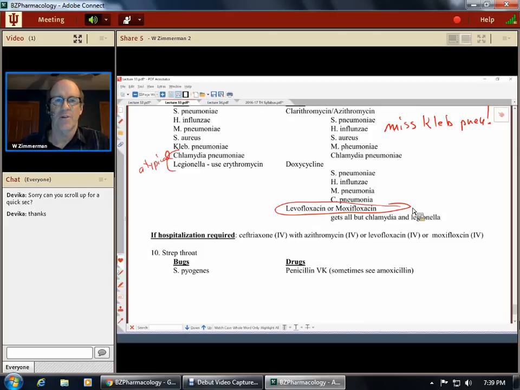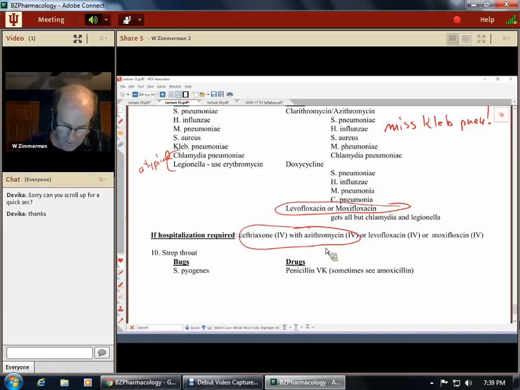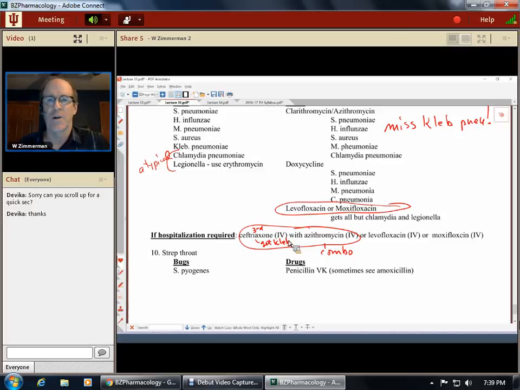So when somebody comes into an ER with pneumonia and they're going to be hospitalized, a couple of different things they do to cover. They'll go with this combo: ceftriaxone and azithromycin. Ceftriaxone is a third generation, and it's going to get the Klebsiella and other things, but you're doubling up your coverage here.